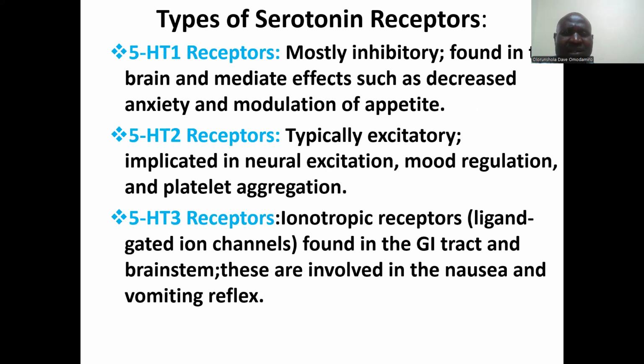Let's quickly examine the different types of serotonin receptors. Serotonin receptor 5-HT1, the proper way of identifying it, simply means 5-hydroxytryptamine 1, but let's call it the 5-HT1 receptor. Mostly they are inhibitory. You still remember, we have excitatory receptors and also inhibitory receptors.